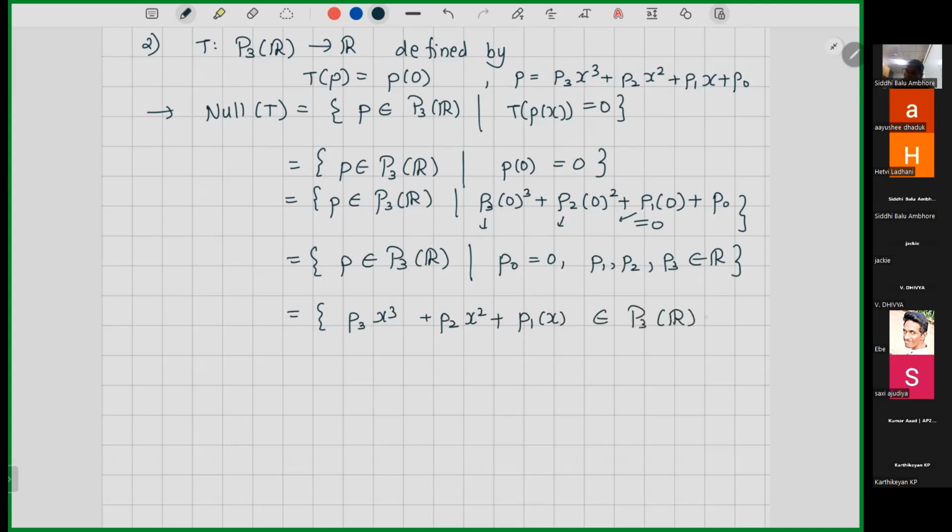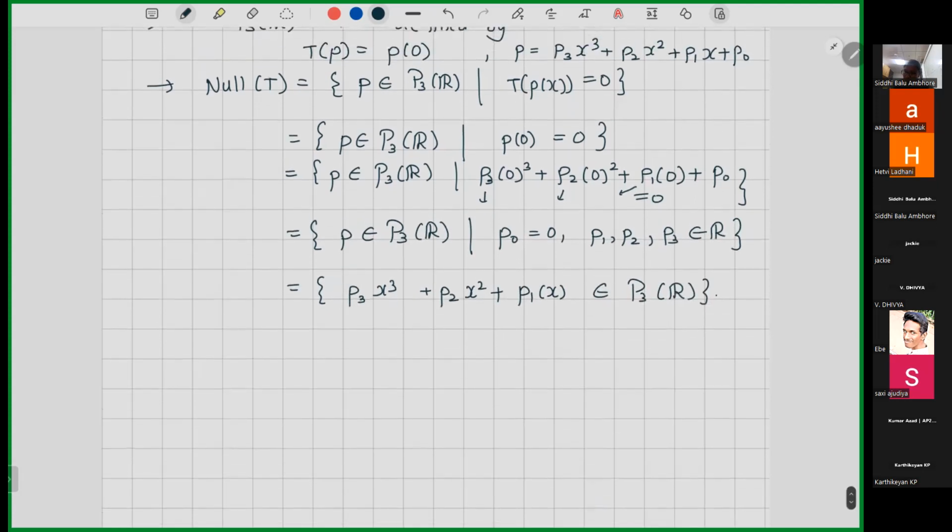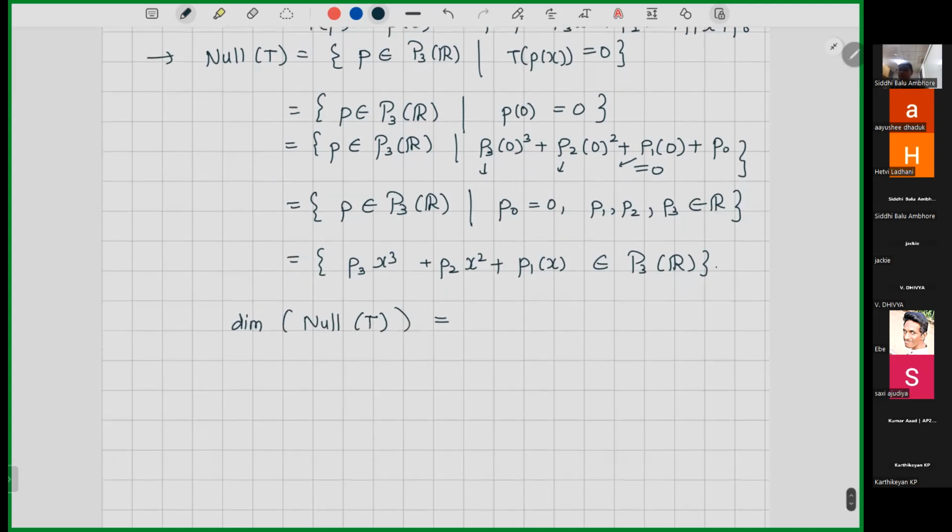And what is the dimension of this set, the nullity? Anybody want to guess? Yes, Jackie said 3, and Abby said 3. So it is 3.